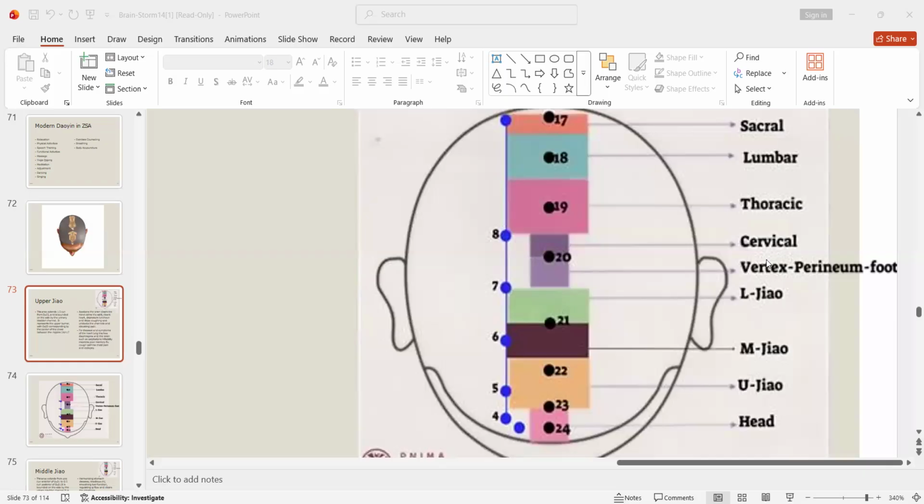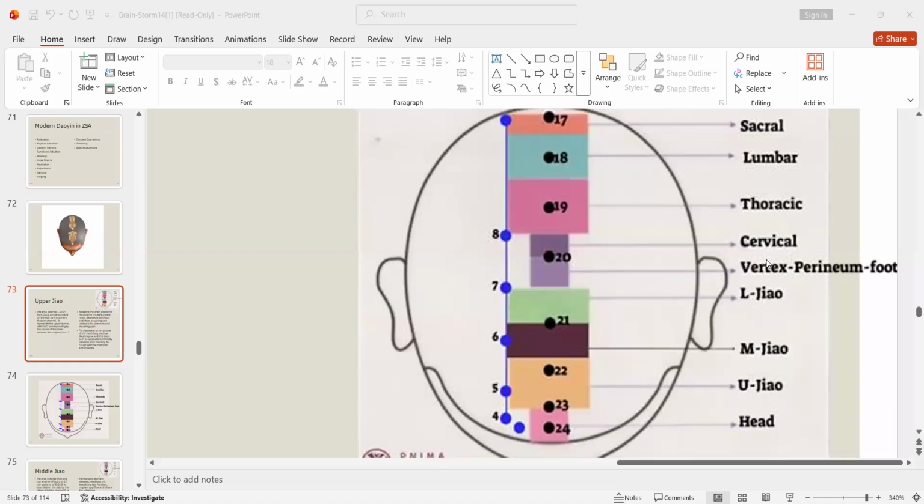Then this area is used for all types of gynecological problems, all types of male problems, and lower limb problems. Premature ejaculation, low sperm count, excess bleeding, PCOD, PCOS, all types of problems you can treat with lower geo.